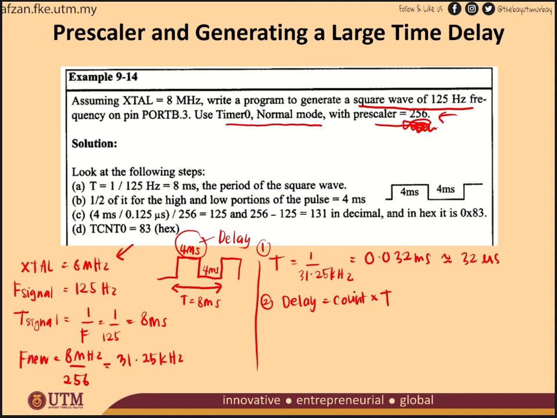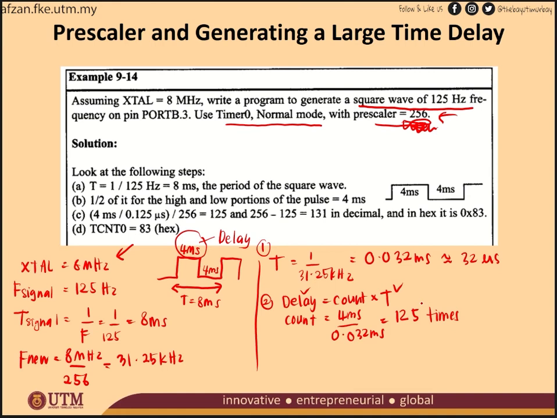Since you already know your T clock, which is 32 microseconds, and the delay that you want to generate is 4 millisecond, then you get count equal to the delay you want to generate, 4 millisecond, divided by 0.032 millisecond, which is equal to 125 times. Okay, so this is your count.